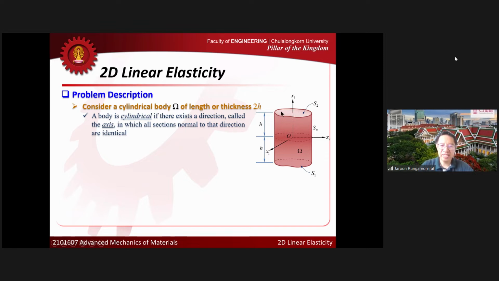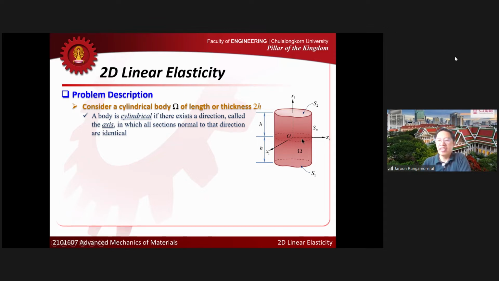I define the axis. Okay, I will define the coordinate system in a moment. So here you are clear, right, about the definition of the cylinder. So the body is cylindrical if there exists a direction called the axis, such that if you look at the cross section normal to that axis, all the cross sections normal to that axis are identical.